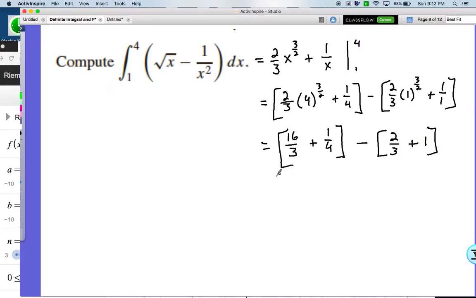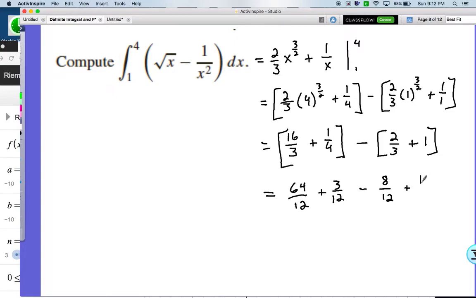And then now if we put it all together, we just have to do some fractions. Our common denominator would be 12, so if I multiply by 4, 4 times 16 gives me 64/12. 1/4 will become 3/12. I'll go and distribute. That'll be minus 2/3 will become 8/12 by multiplying by 4 on top and bottom.